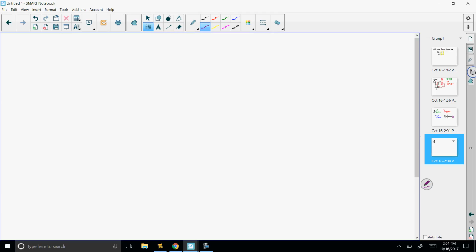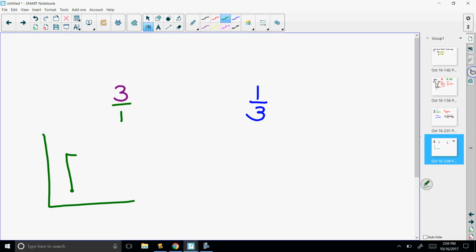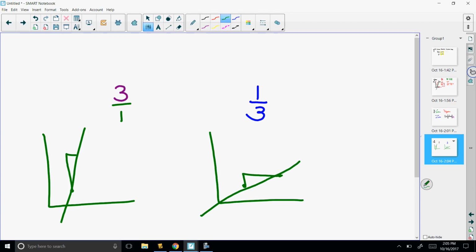So a large slope, if I had a slope of 3 versus a slope of 1/3, keep in mind you can take this 3 and put it over 1. So if you have a point, you're going to go up 3 over 1, and that creates a pretty steep slope. Versus this other one, where you pick a point, and if your slope is 1/3, you go up 1 over 3, and the slope is not as steep.